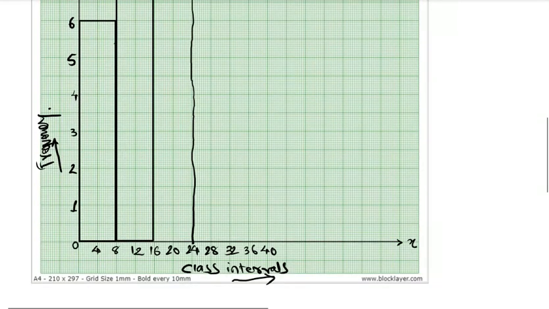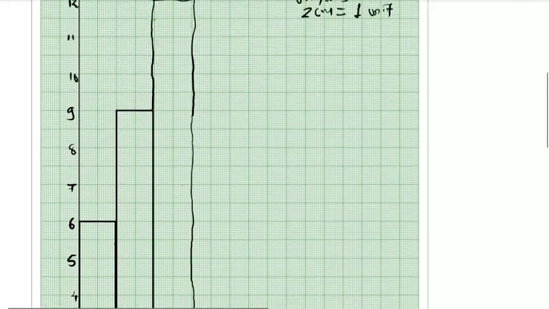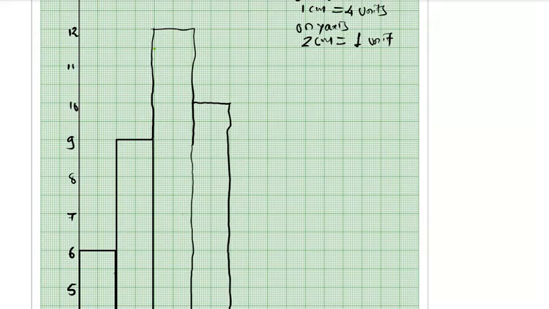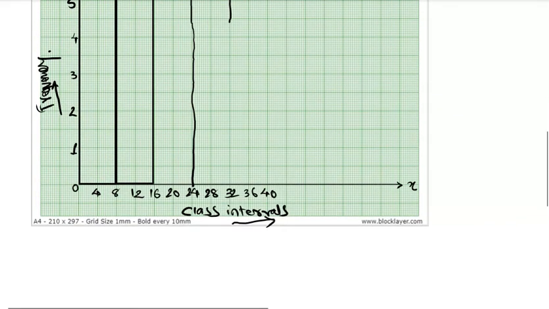Okay, 24 to 32, 10. Okay, 10 is over here. So I'll just draw a rectangle like this, and go down in a straight line. Finish that.